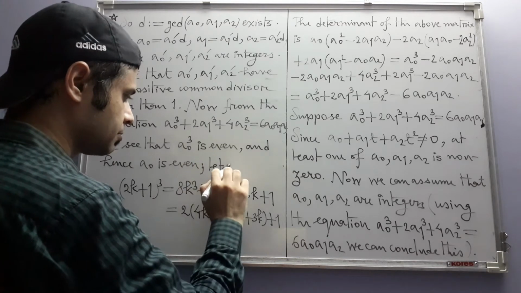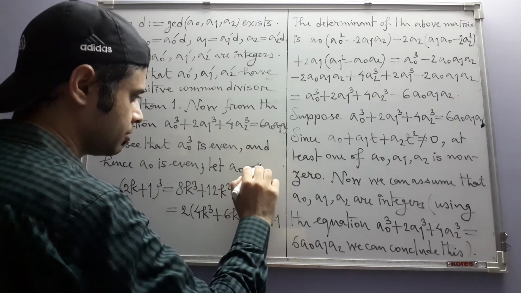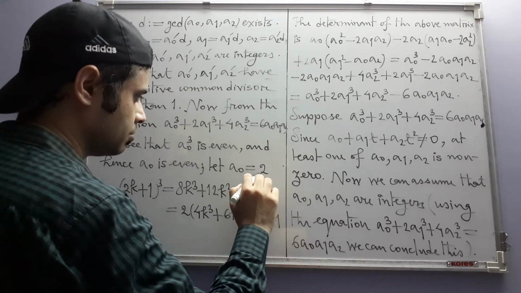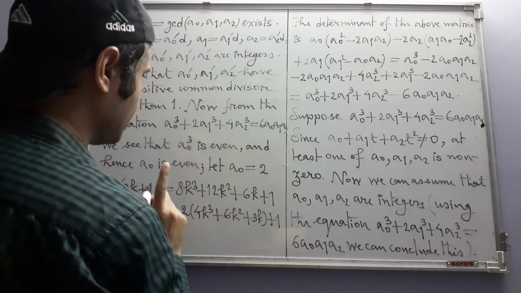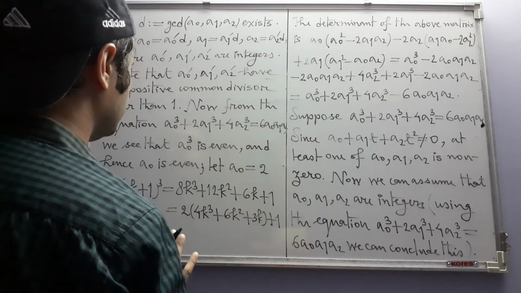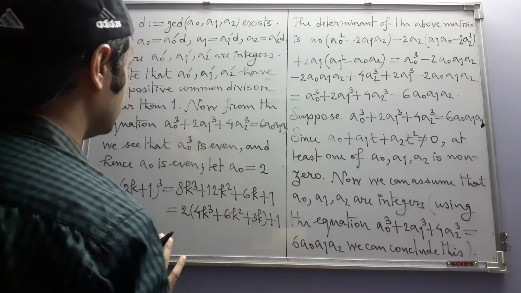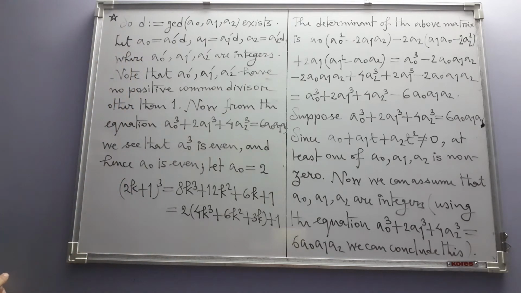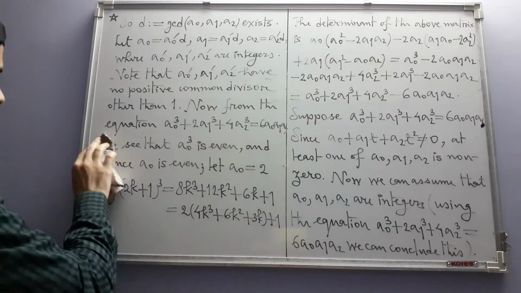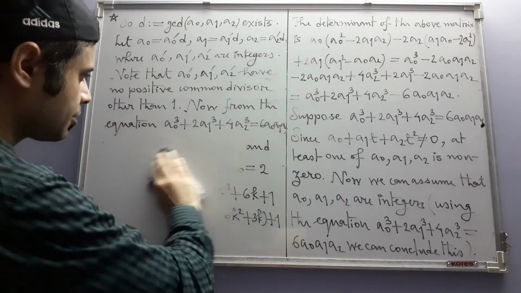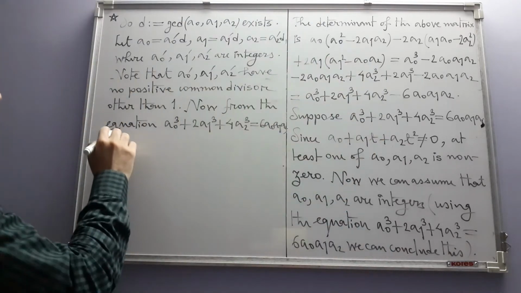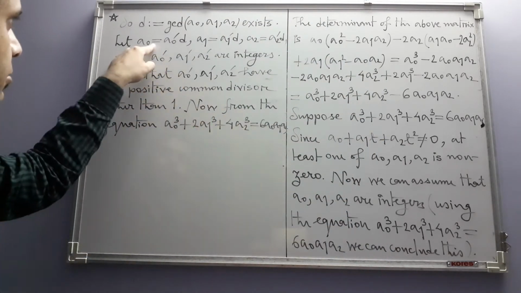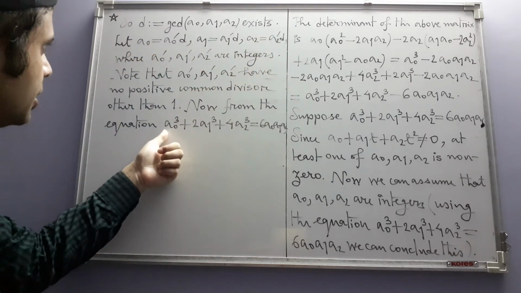Let a0 be equal to, say, oh, I forgot to say one thing. No, I forgot to use a0 prime, a1 prime and a2 prime entirely. In this equation, if you substitute these expressions, what will you get?